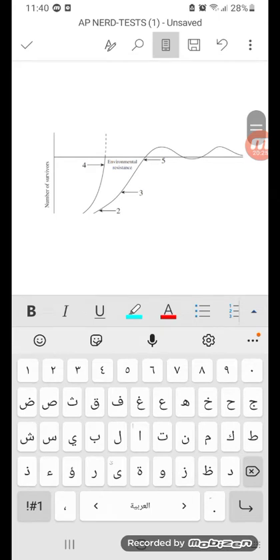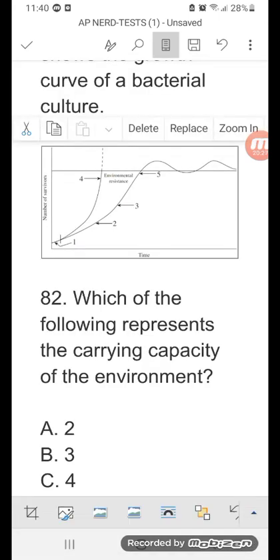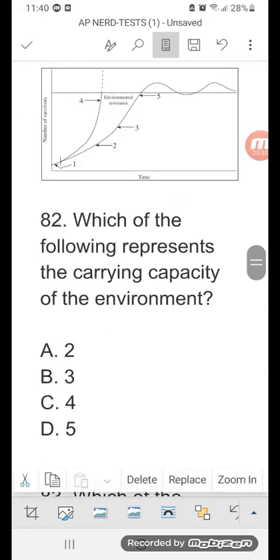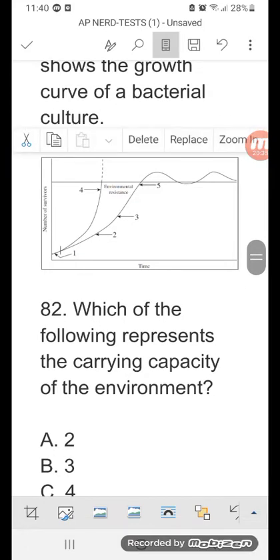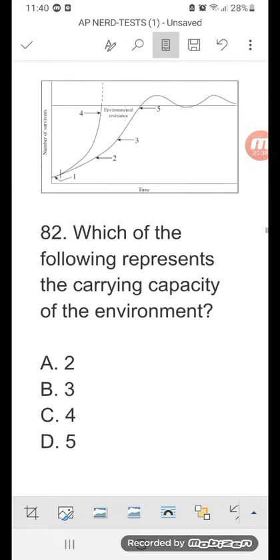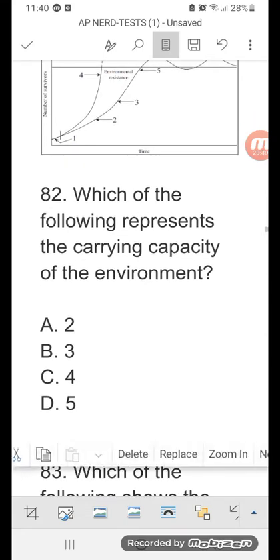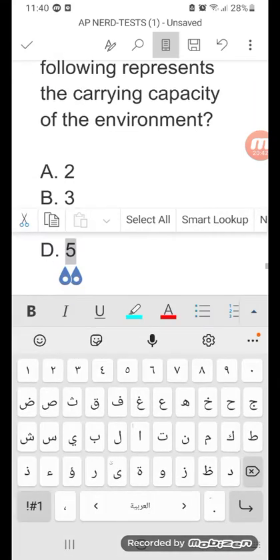It's 5 right there. The carrying capacity is 5, which is D. 5 is D.